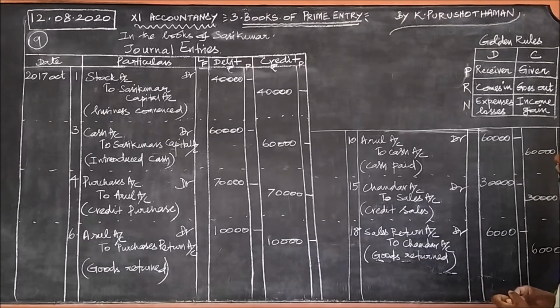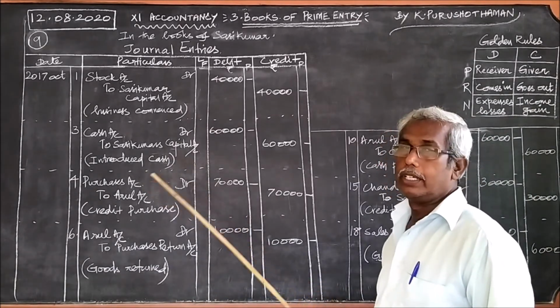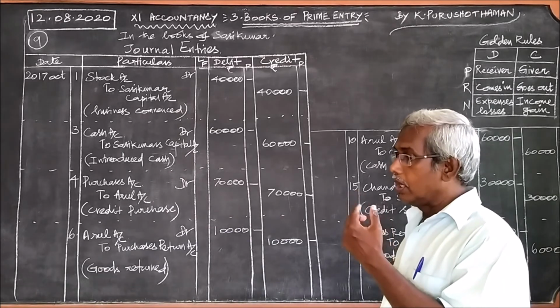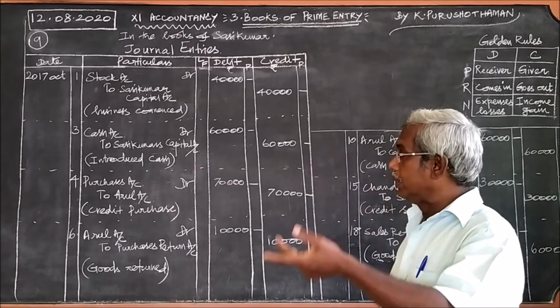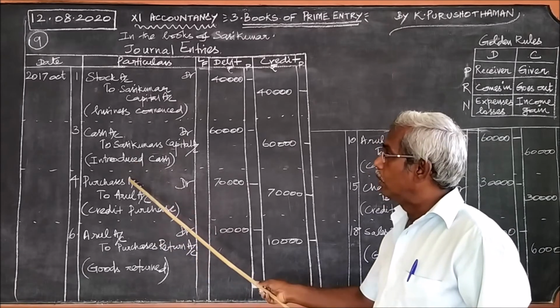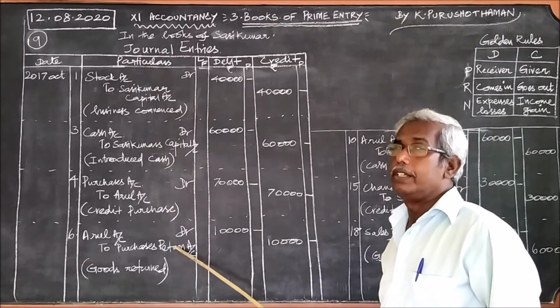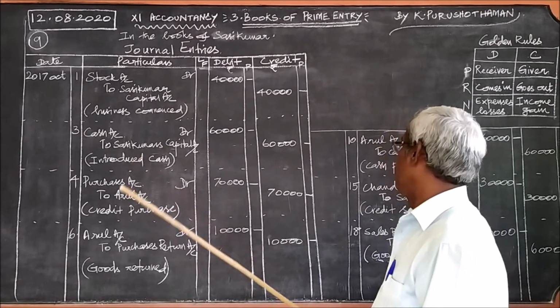So from this what you should learn? When the goods are purchased, purchases account debit. When the purchased goods are returned, purchases return account credit. So purchases will appear on the debit, purchases return will appear on the credit.